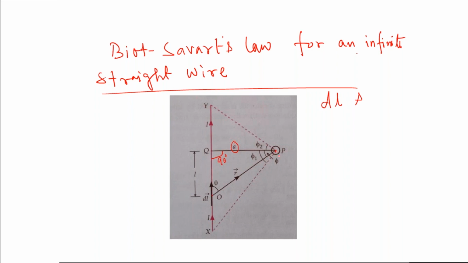So this is the radius vector and this is the element, and between them let us take the angle theta, and this other angle, let us take as phi.